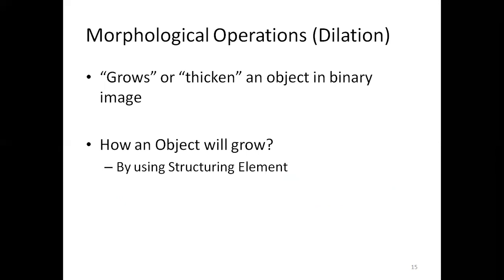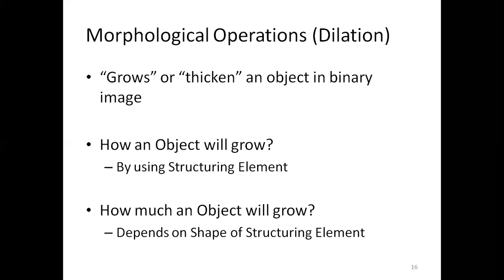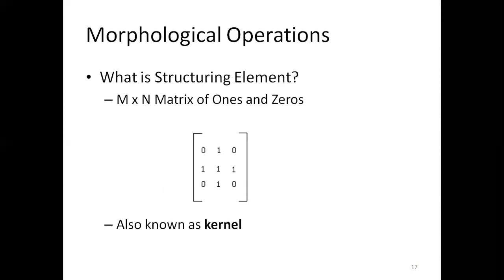So these objects are grown, but how will that object grow? That will be done by the structuring element. And how much the object will grow depends on the shape of the structuring element. So let's first understand the structuring element because that will be used in other morphological operations too. The structuring element is nothing but a matrix of ones and zeros. Obviously, we are talking about binary images here.